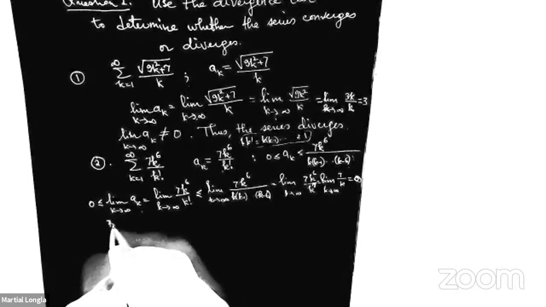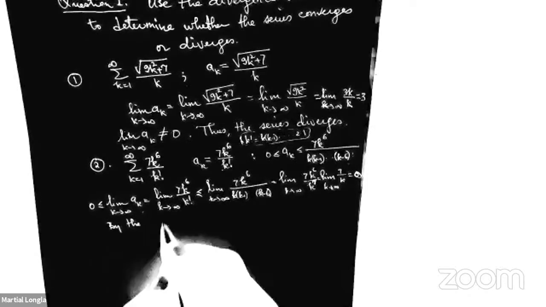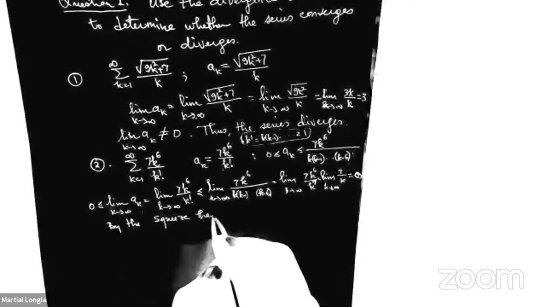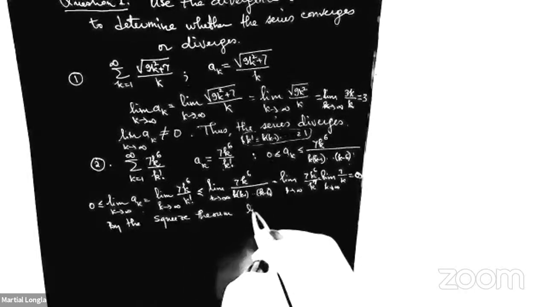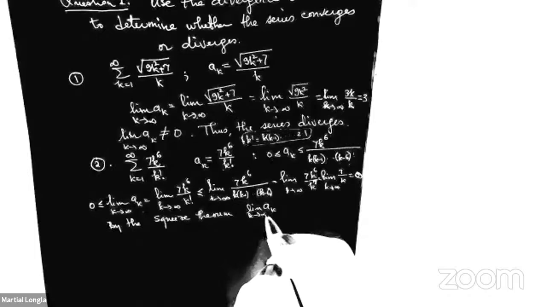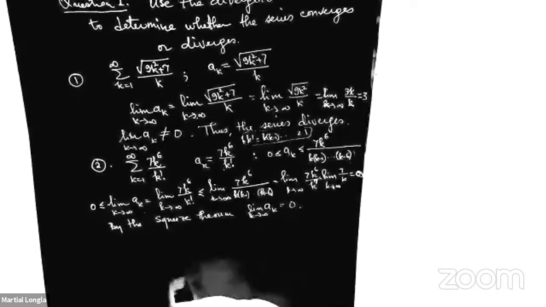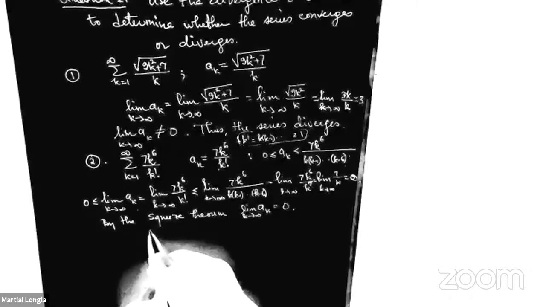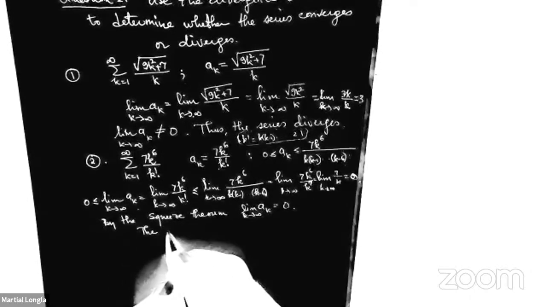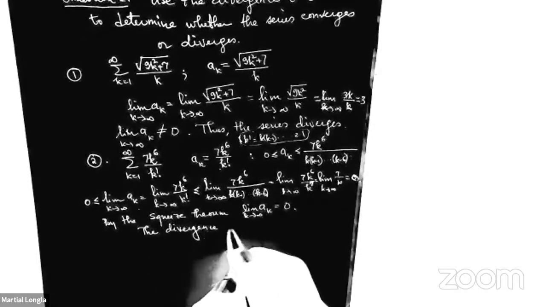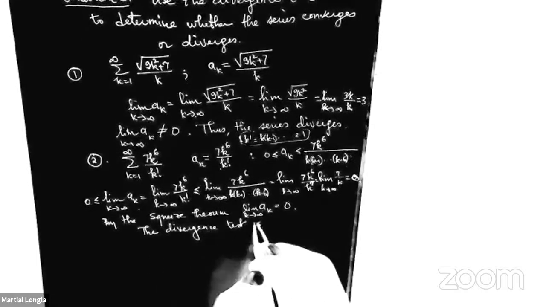So by the squeeze theorem, the limit of a_k when k goes to infinity equals 0. And that being the case, the divergence test is inconclusive.